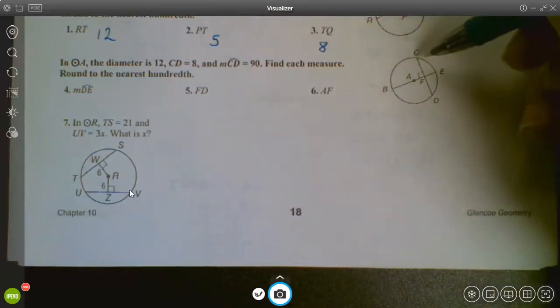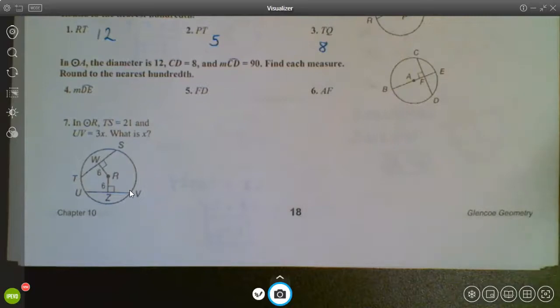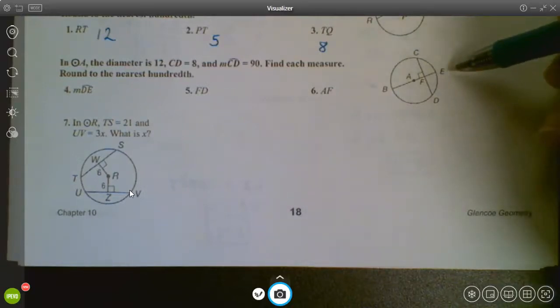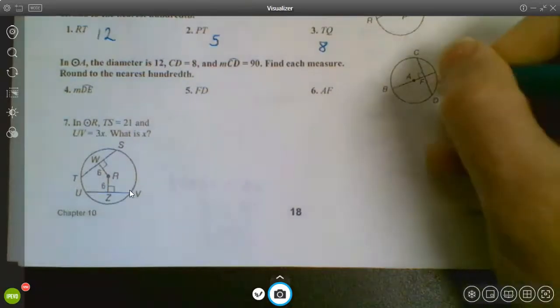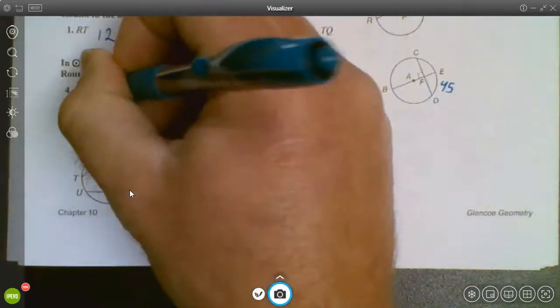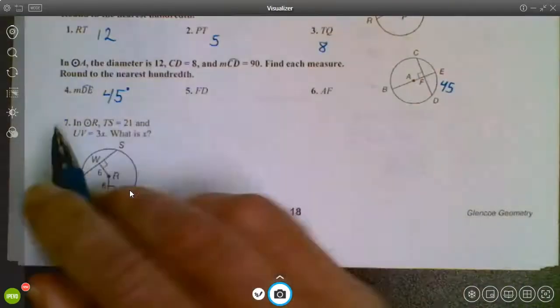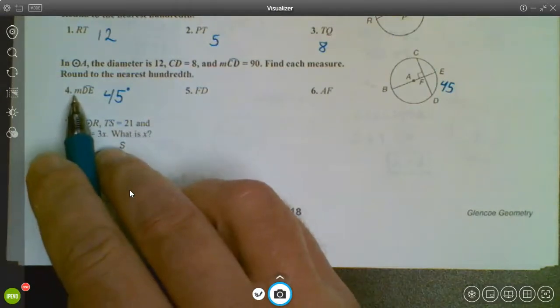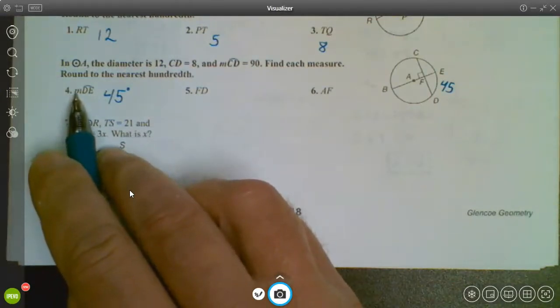The chord gets bisected, and its arc gets bisected. So if this entire arc is 90, then this would have to represent half of that arc, which would be 45. So this guy is 45 degrees. Remember, whenever you see the little m, that means the measure of something, which we always measure in degrees.